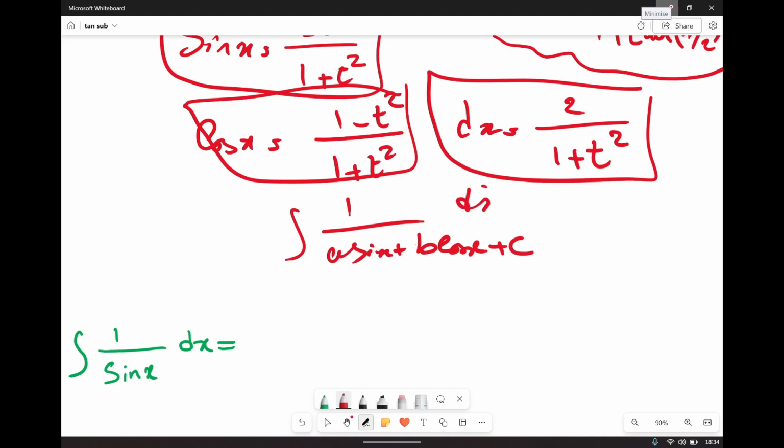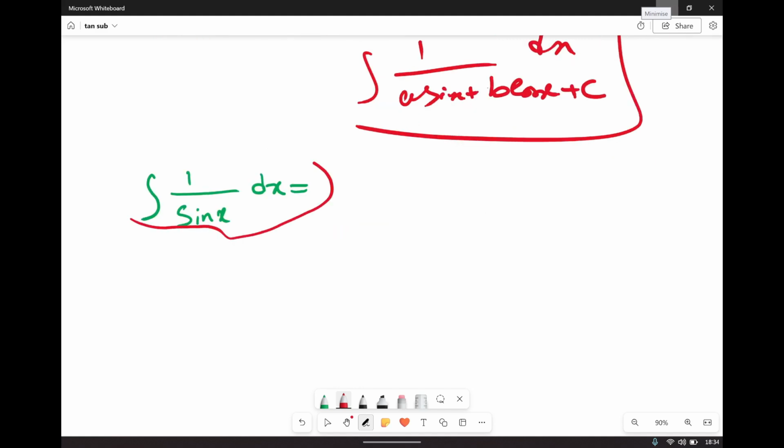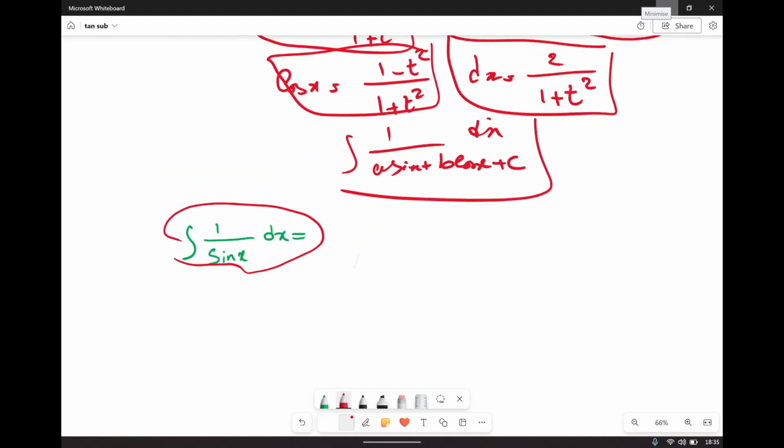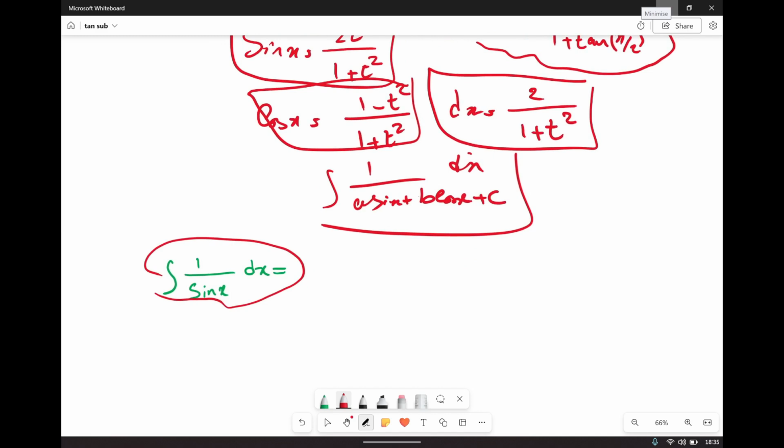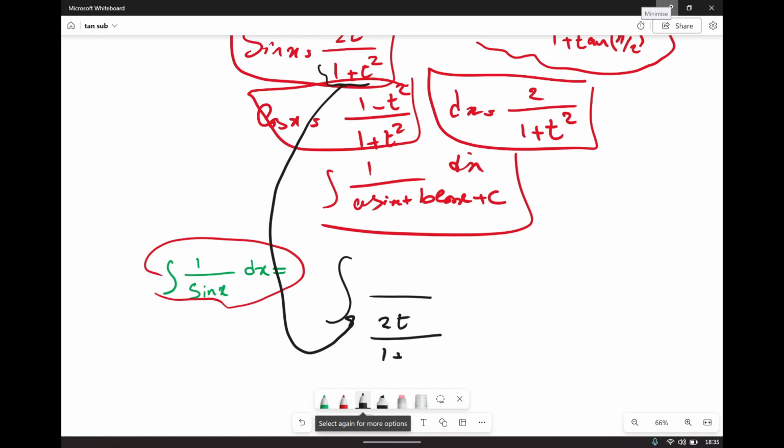These three things can help us to integrate this form, 1 over a sine x plus b cosine x plus c dx. At first, I'm going to calculate these guys. By substitution, I replace these factors in here. Integration of, instead of sine, I put in here 2t divided by 1 plus t squared, and instead of dx, I put 2 over 1 plus t squared. Immediately these cancel each other, and of course in the last is dt, yes?